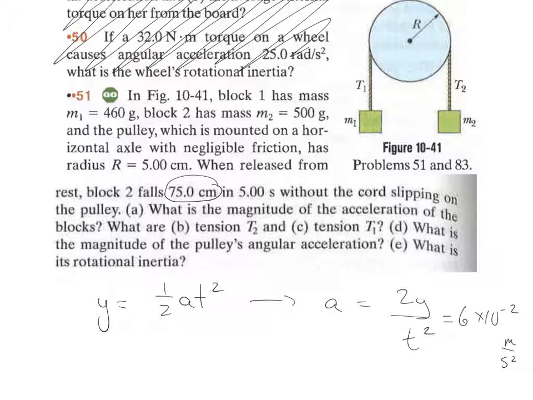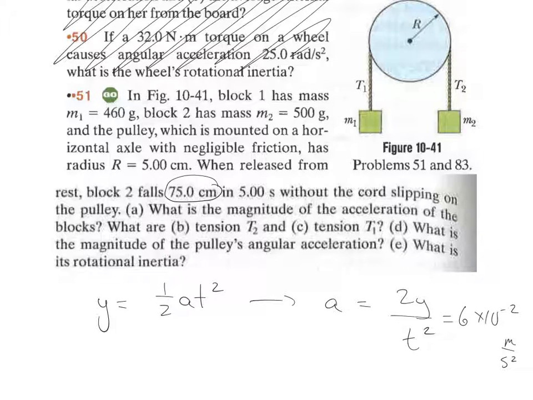It says the magnitude, which simply means the overall value, not the actual direction included. But it also is important because recognize this acceleration for one mass is positive, and for the other it's negative, so it doesn't make sense to call this negative or positive, even though we're referring to block 2, right? Our data refers to block 2. So yes, block 2 is falling, so it definitely is falling down. But we're finding the acceleration of the whole system.